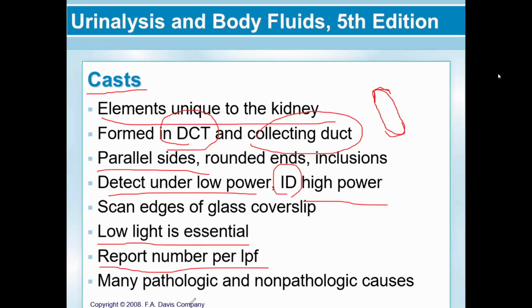Okay? So what are the causes of casts appearing in the urine? Pwedeng pathologic o pwede namang non-pathologic. Halimbawa ng non-pathologic, yung hyaline cast ninyo, yung RBC cast ninyo, pwede po natin siya makita in strenuous exercise. Okay? Normal lang yun. But for pathologic causes, example, the presence of your RBC cast, tapos meron ka pang significant amount ng red blood cell, okay?